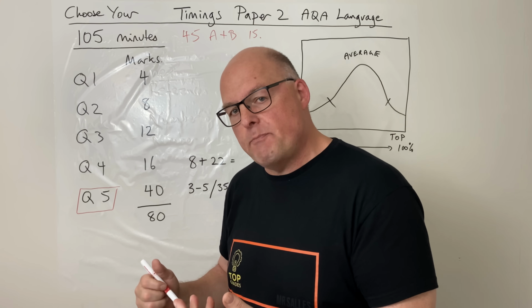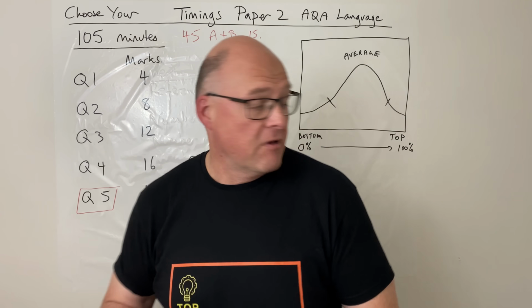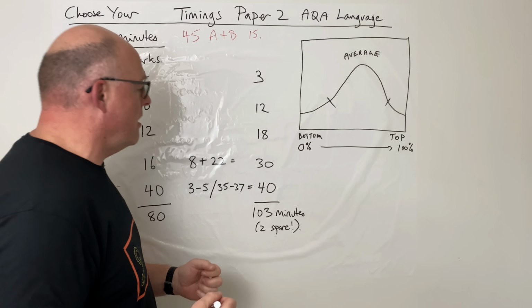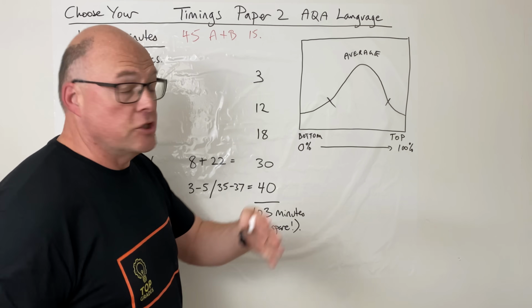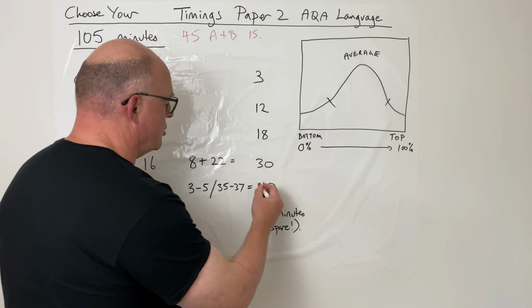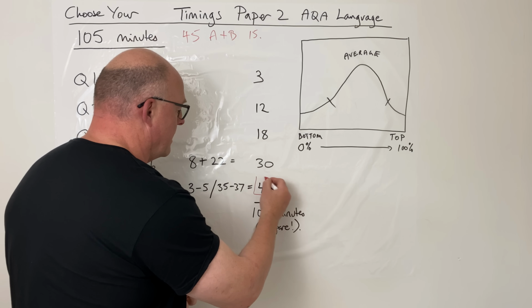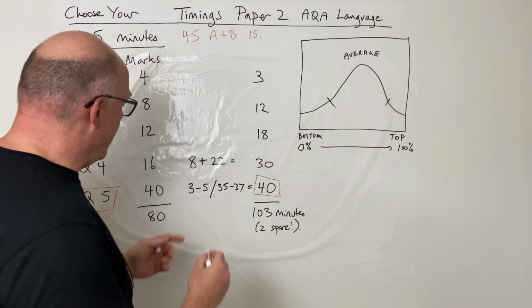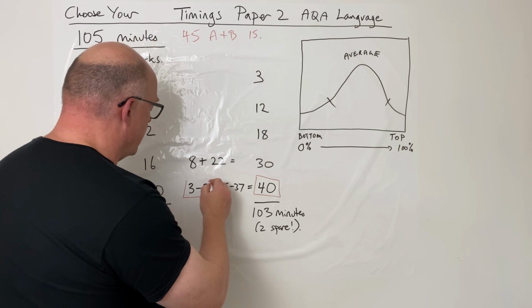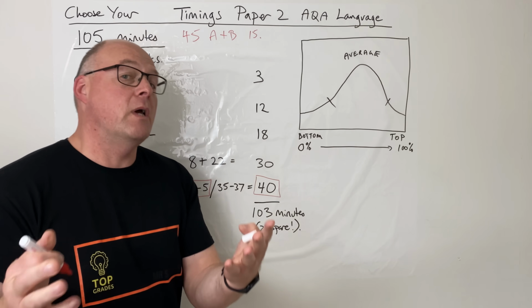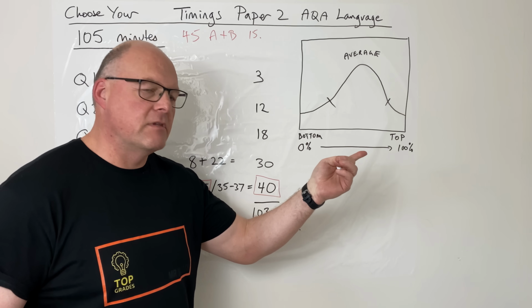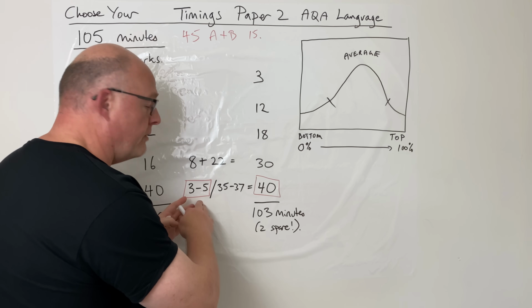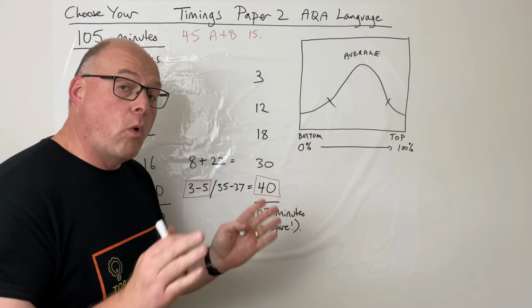How long should you spend on question 5? Well, you are going to need to steal some minutes from question 5 in order to do the reading. So I'm going to suggest that you only spend 40 minutes on question 5, a maximum of 3 to 5 minutes planning. I've shown you how to plan in the separate video. I'll link it at the end of this one. So 3 to 5 minutes planning max. Why?